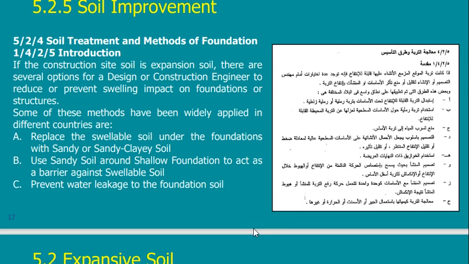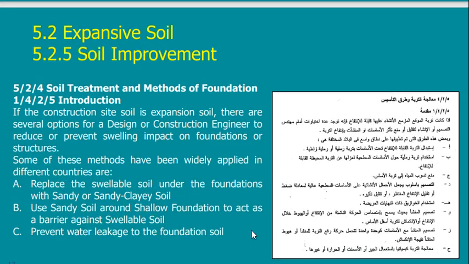But it needs a special lecture. For the meantime, you have to understand that in some cases we do soil improvement, and the best way for soil improvement is to replace the soil. If I cannot replace the soil, then I have to do something for the existing soil, but there are many ways that we have to study.